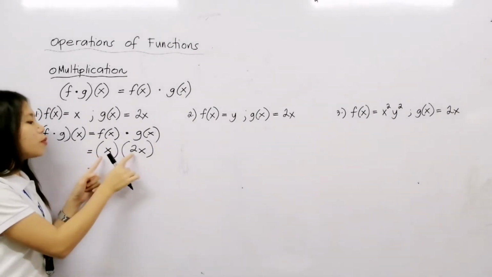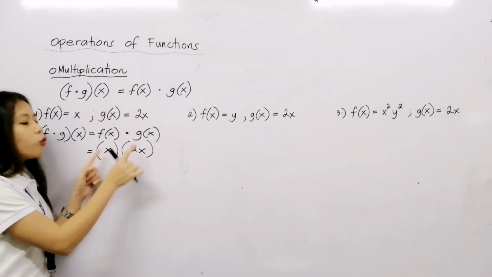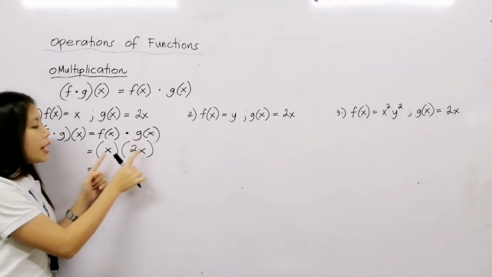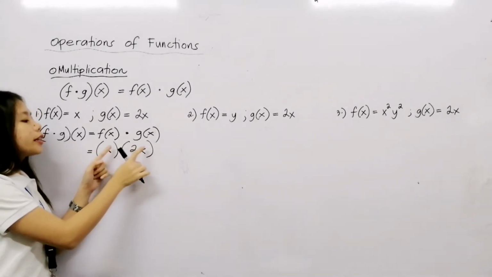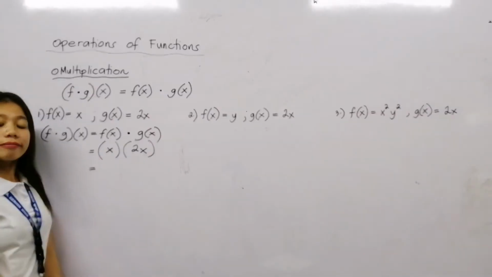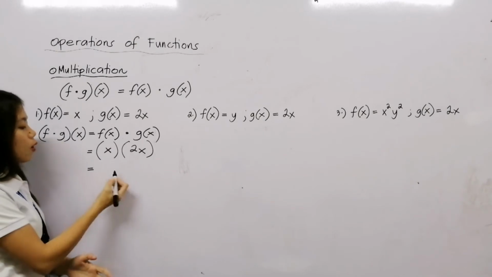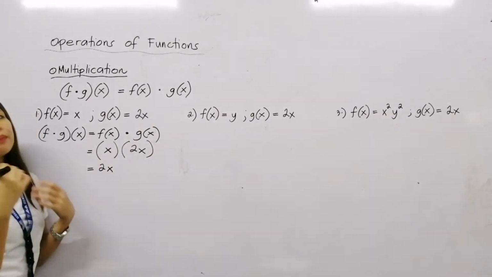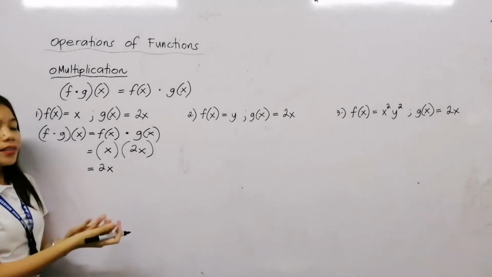So we multiply the numerical coefficients, we copy the variable, and we add the exponent. No, not multiply. We are going to add the exponent.